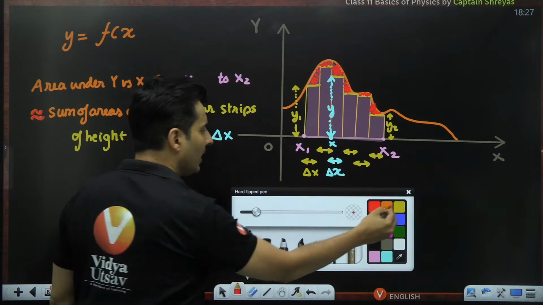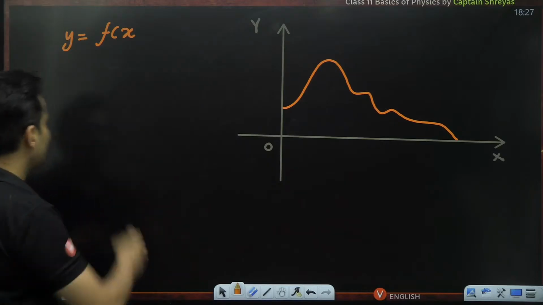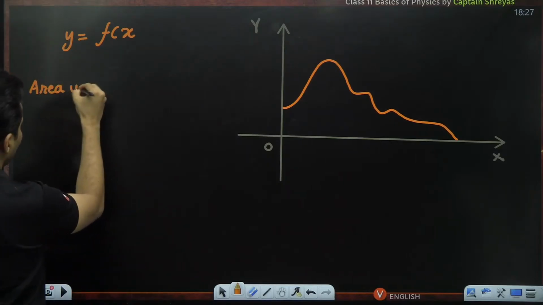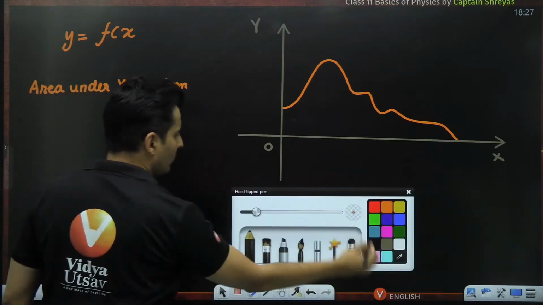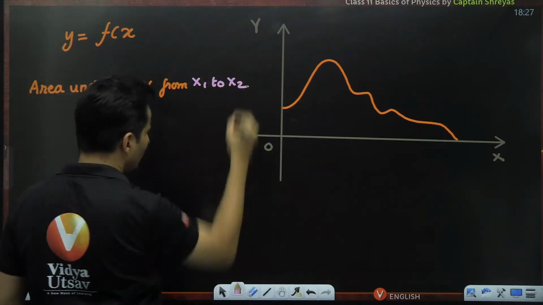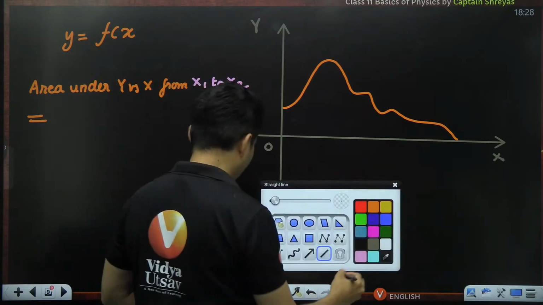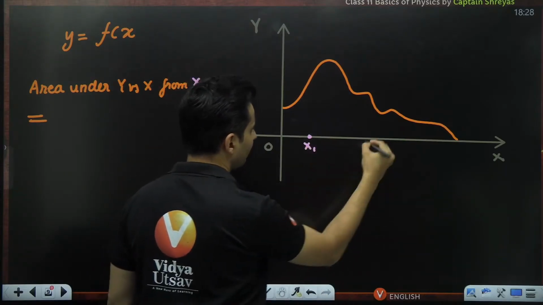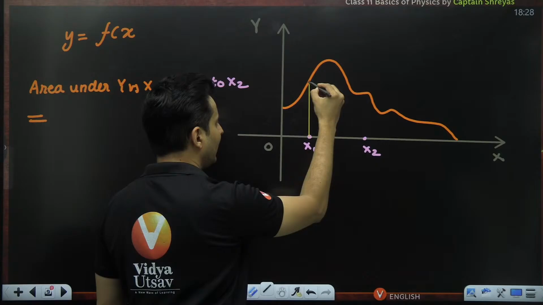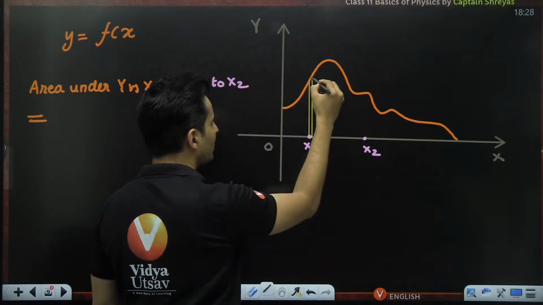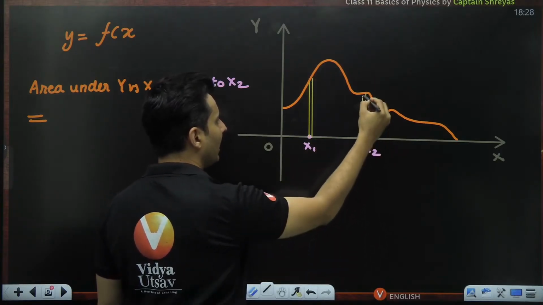The only possible way to make the area under y versus x from x1 to x2 exactly equal is, let's say this is x1 and this is x2, to make these rectangular strips so small and tiny that there is no red part which I was showing over here.